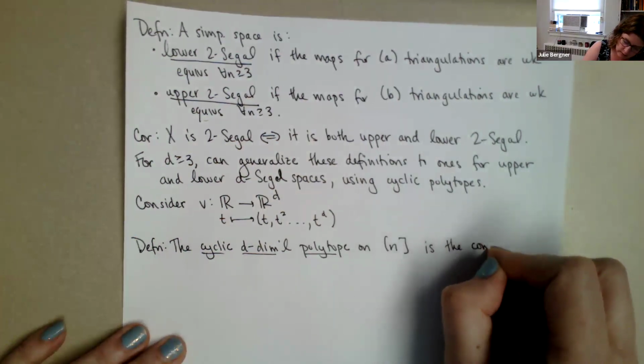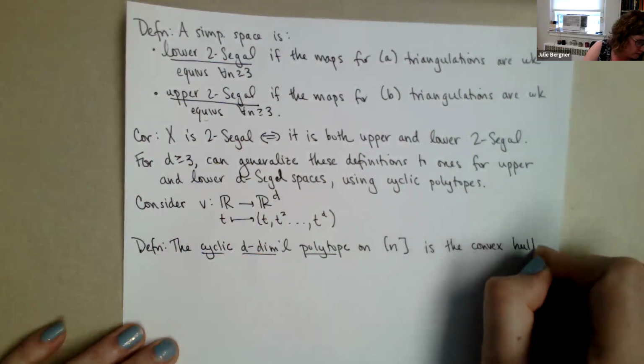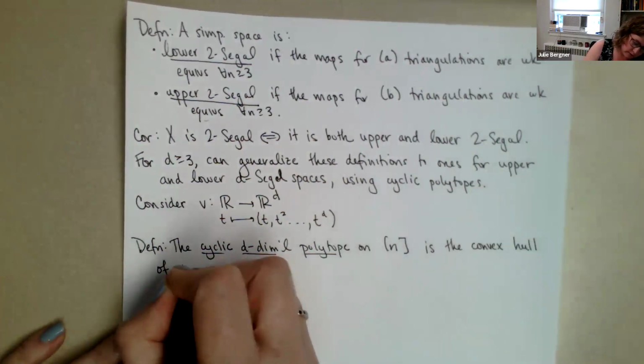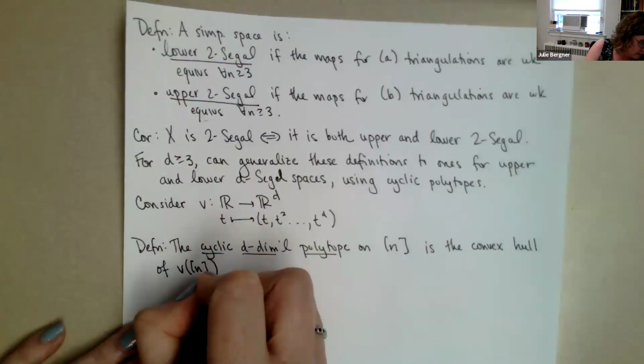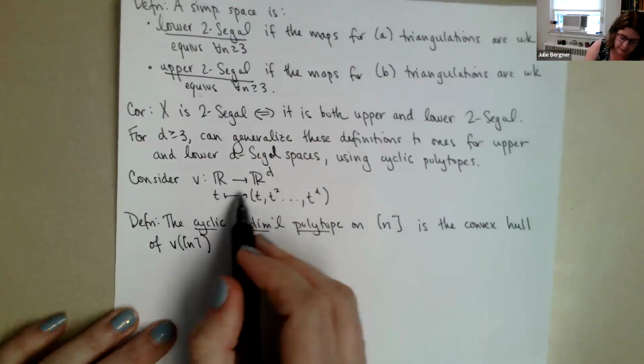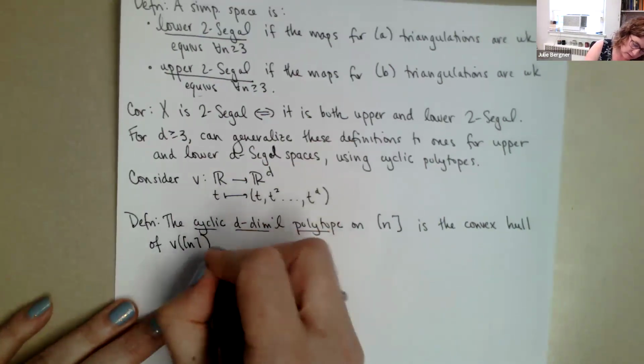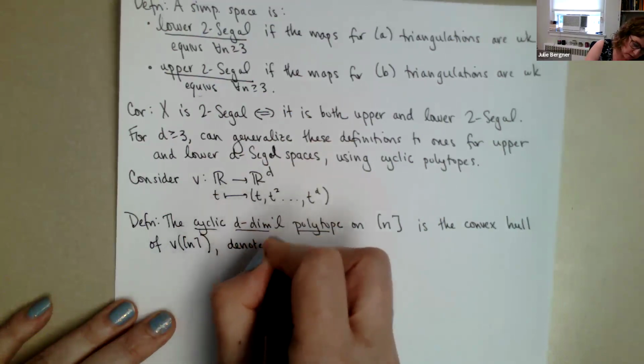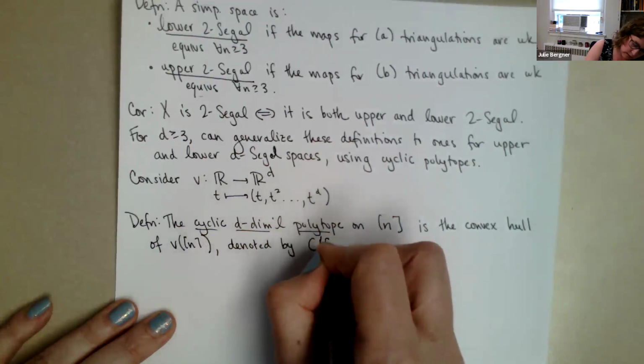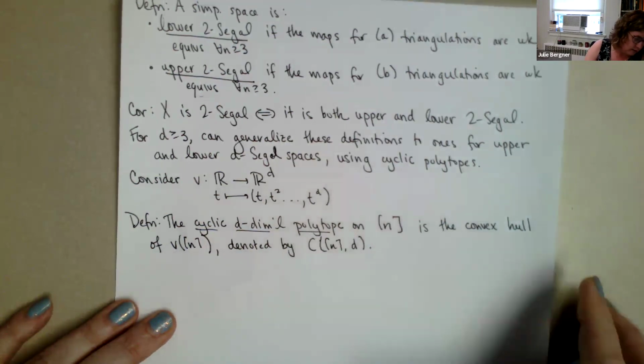This is the convex hull of the image of n under this map V. We'll denote this by C(n, D).